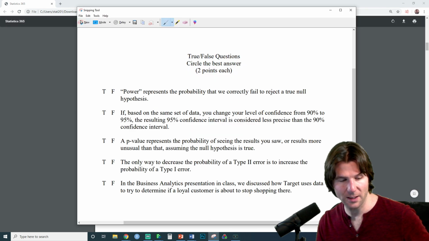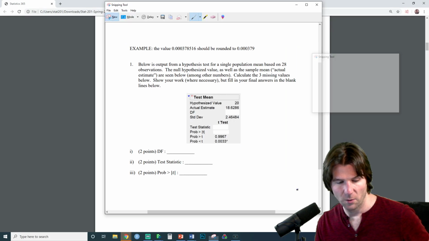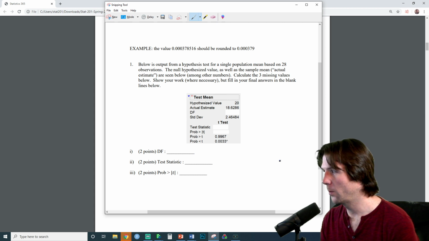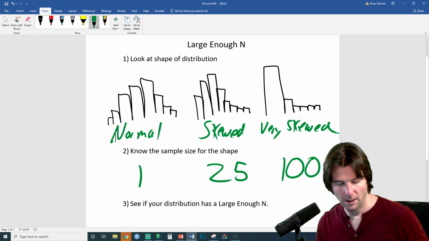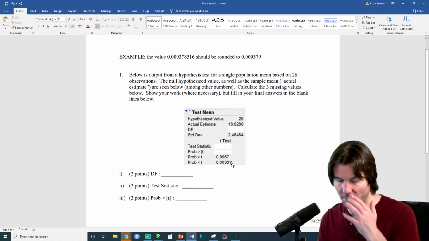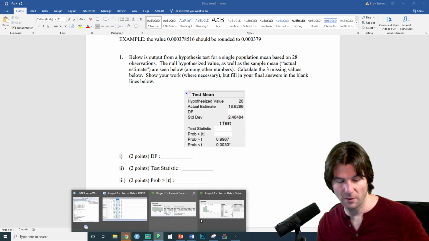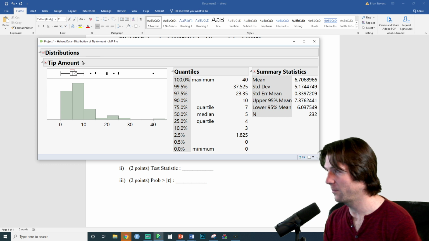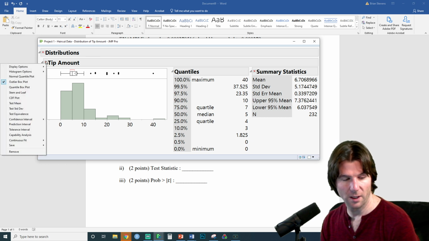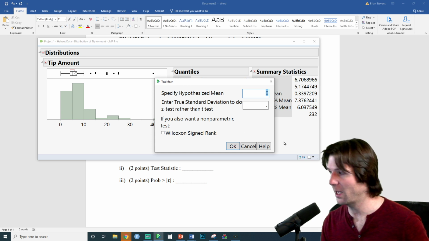This brings us right back to the JMP output. So if Walker's watching this, we're going to take this right here and put this into Word for a moment, and then we're going to do a JMP output problem. Let's go grab another bit of output, and I can actually do it from the mean. This is the mean I've been using, the tip amount. Then I'm going to go here to test mean, and we're going to enter a hypothesized amount.